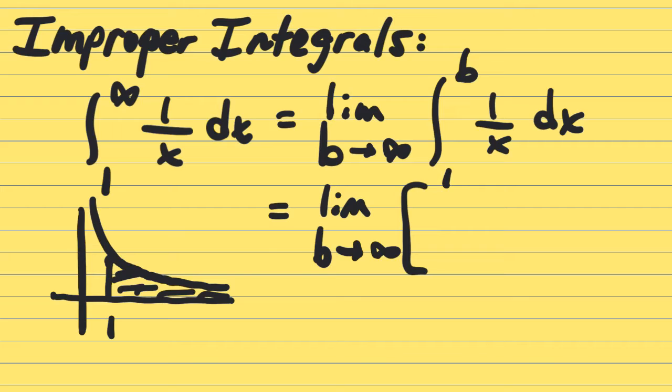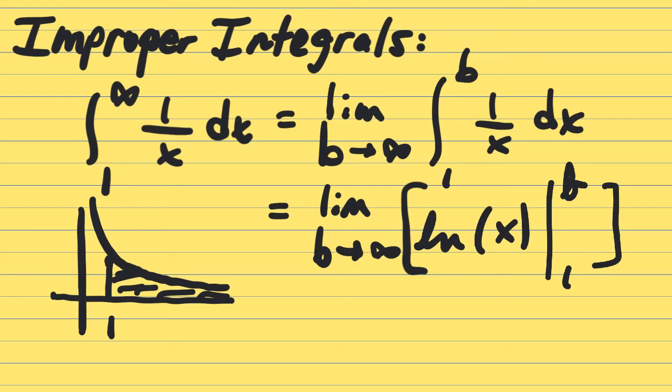Okay, the antiderivative of 1 over x is the natural log of x. Since we're investigating only the positive side, we don't have to worry about absolute value. We do want to evaluate at 1 and b. Sometimes I use a little cursive b there too, by the way.